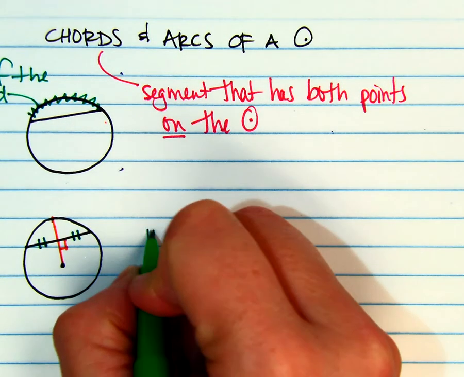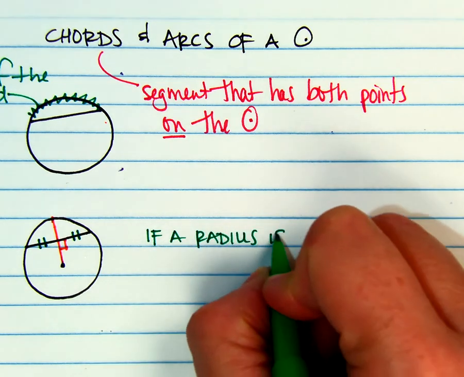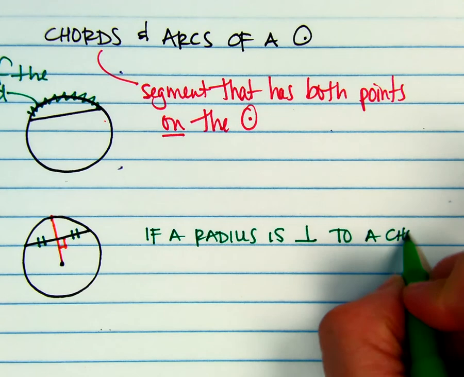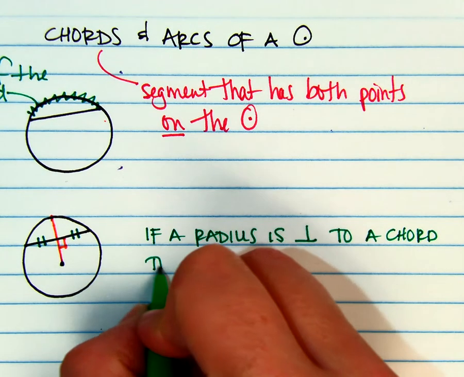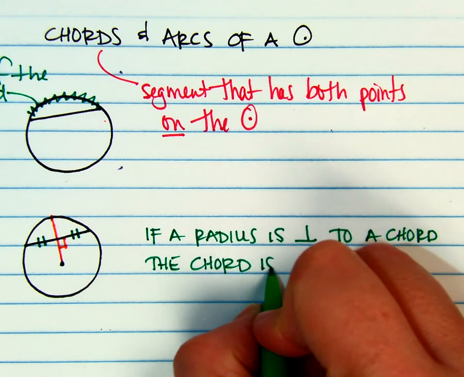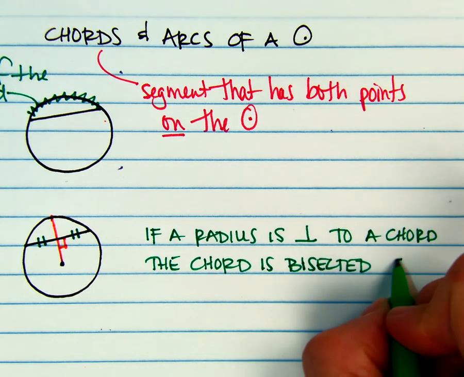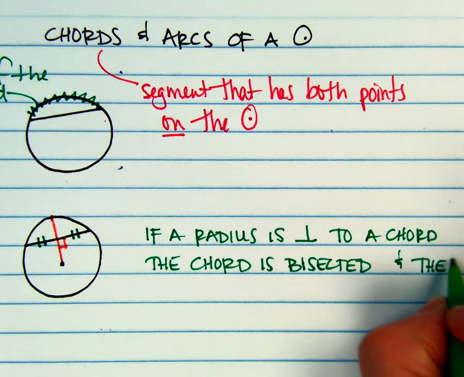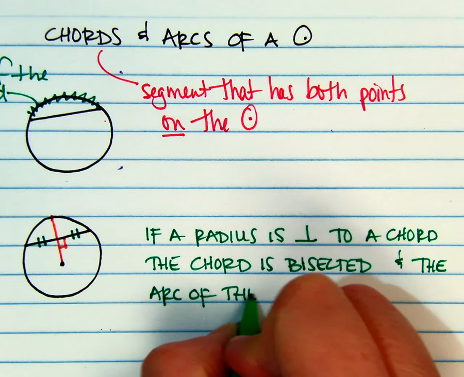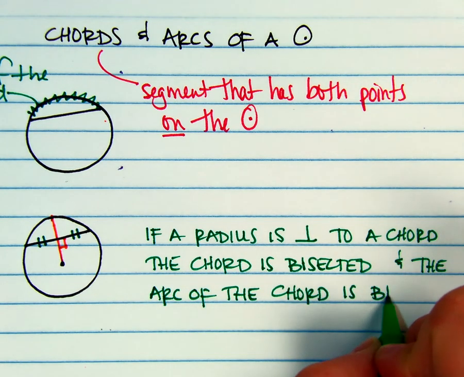Okay, so if a radius is perpendicular to a chord, then the chord is bisected and the arc of the chord is bisected.